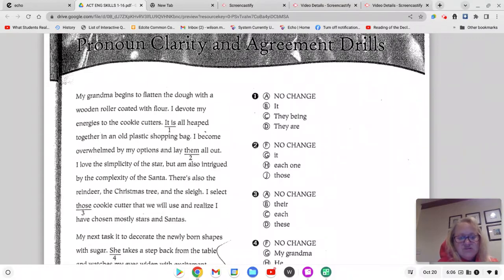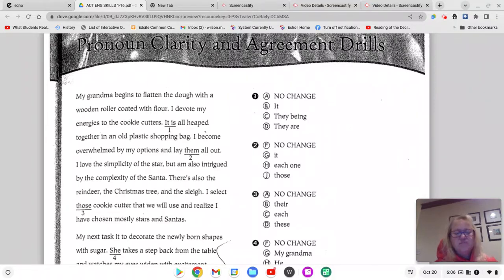And on the ACT, remember the biggest enemy is time. And so that is true on a lot of standardized tests or timed tests. So what you want to do on this test is just read for the answer. You don't have to read the whole passage. But we do need to get context.